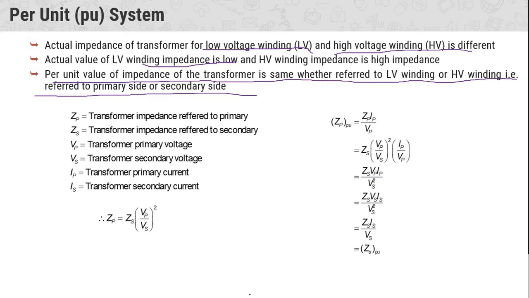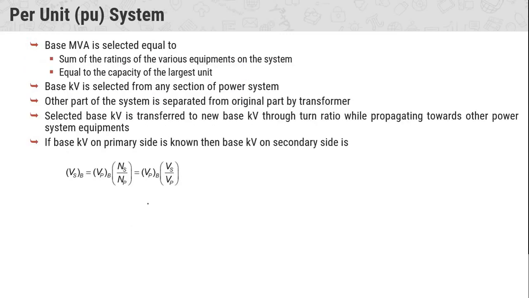Now in a transformer in balanced condition, VP into IP is equal to VS into IS. So ZS into VS into IS upon VS square. Now one VS cancels out. So ZS into IS upon VS, and this is equal to ZS PU. So the per unit impedance on the primary and the secondary side is the same.